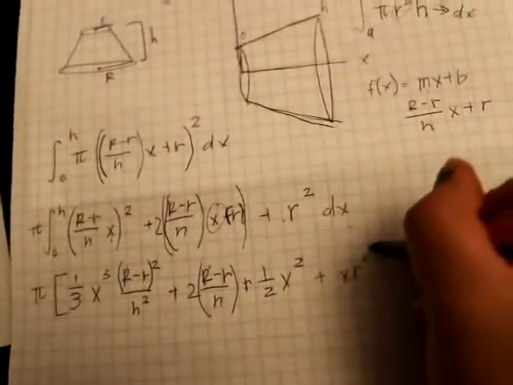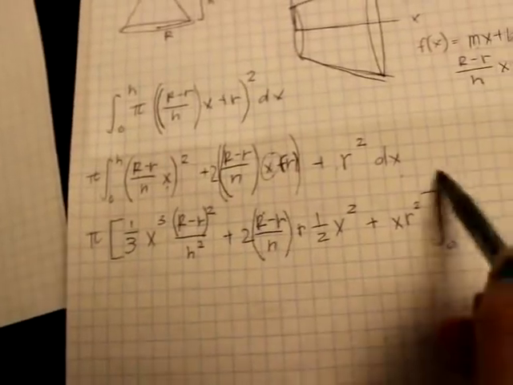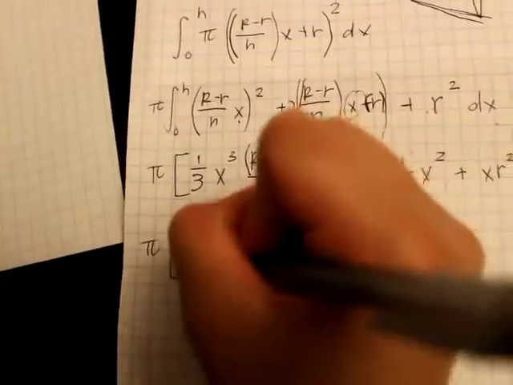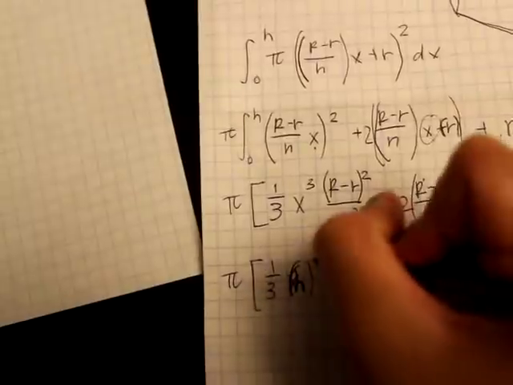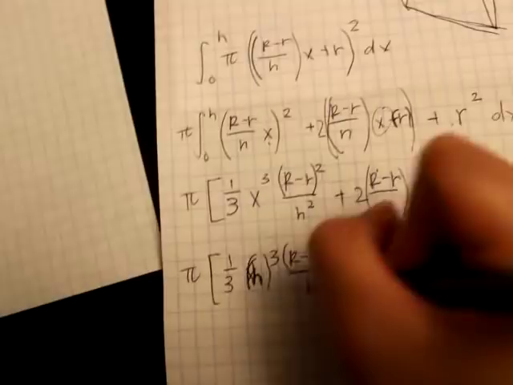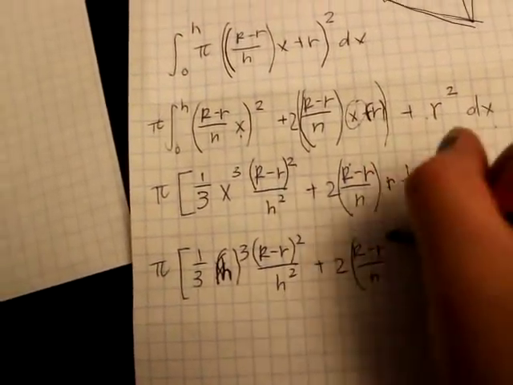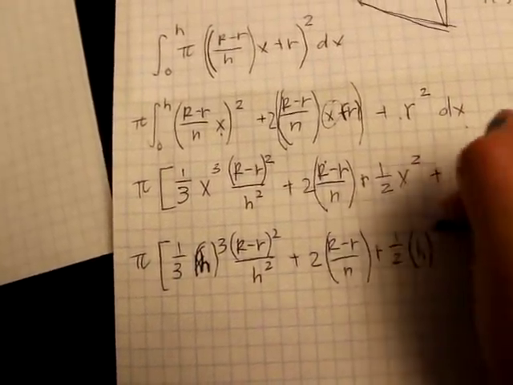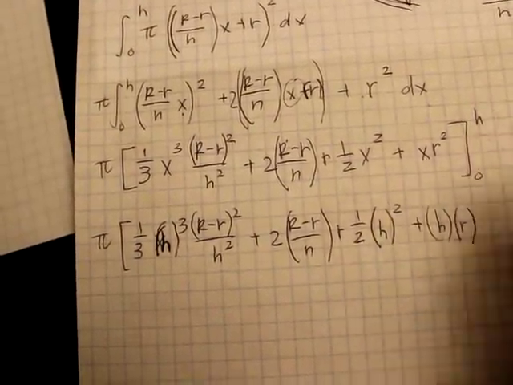Okay, now I have the integral with respect from 0 to h. Now I'm going to plug this h value into this equation. 1/3, this becomes h cubed times R minus r squared over h squared, plus 2 R minus r over h times r times 1/2 h squared, plus h times r squared.